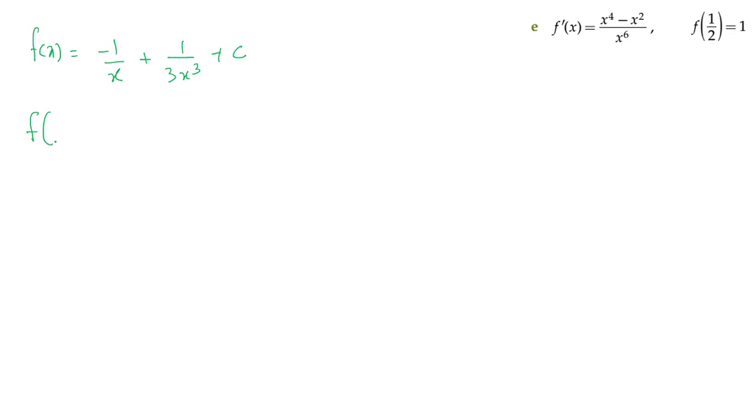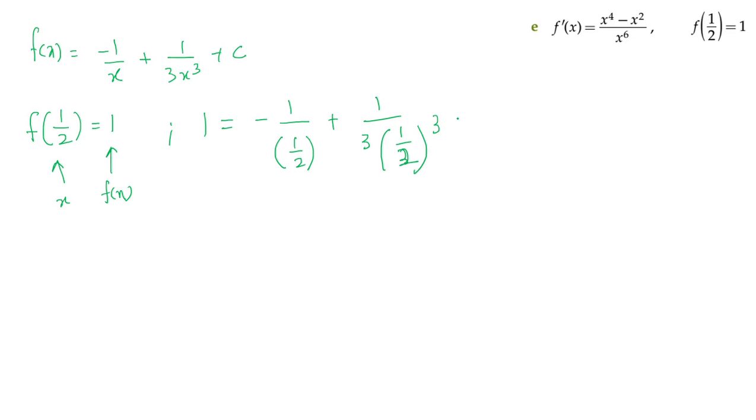So given f(1/2) equal to 1, which is when your x equal to half, your f(x) equal to 1. Okay, so therefore 1 equal to negative 1 over 1 over 2 plus 1 over 3 times (1 over 2) power of 3 plus c. Simplify further. If you press your calculator, you akan dapat sini c equal to 1 over 3.